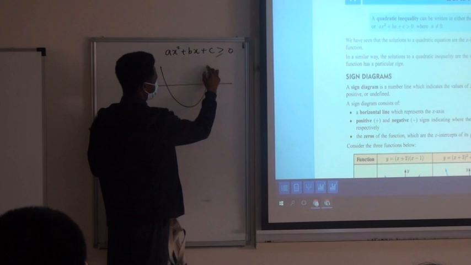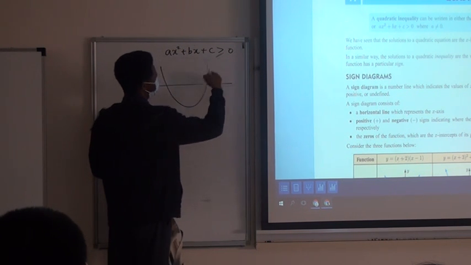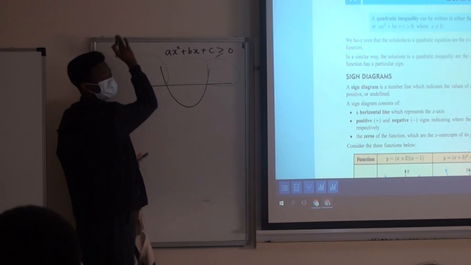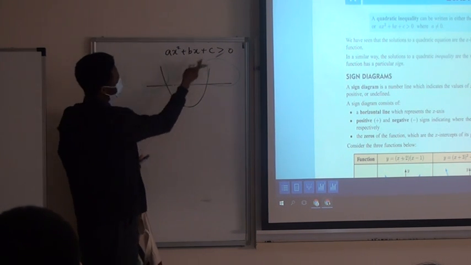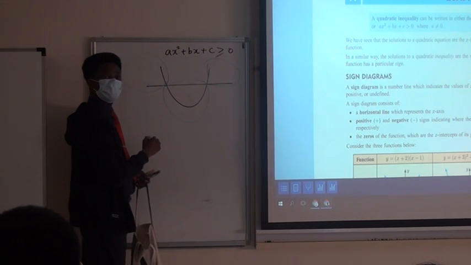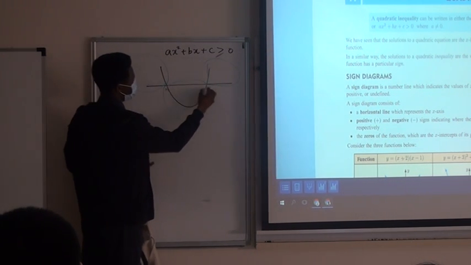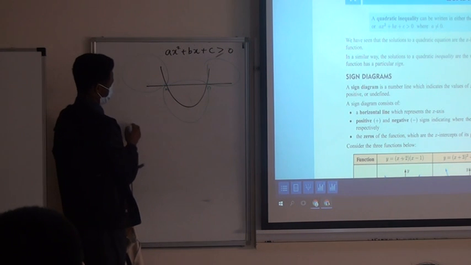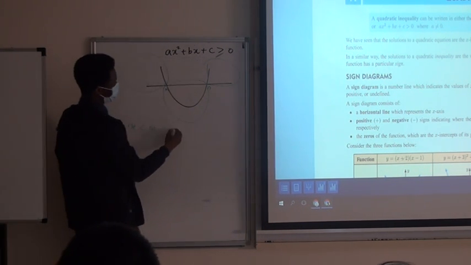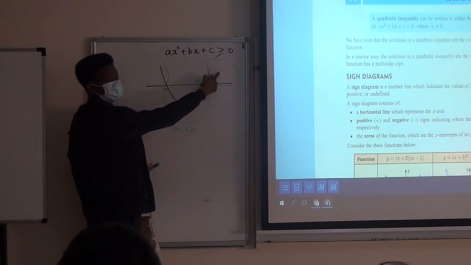So we are saying, oh, from here, it is always above. From here, it is always above. If the question is less than, then you are saying, oh, from here, it is always below. So if this is m and this is n, then you will say, oh, whenever x is less than m, right? And whenever x is greater than n for this region.